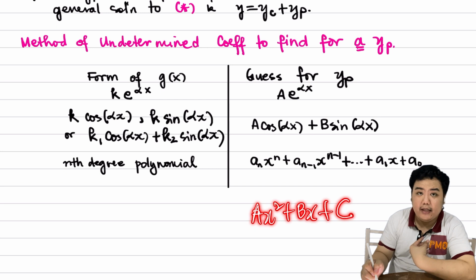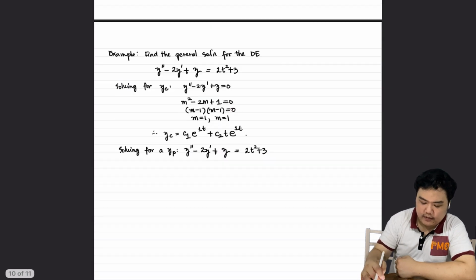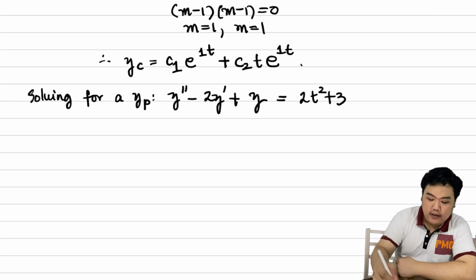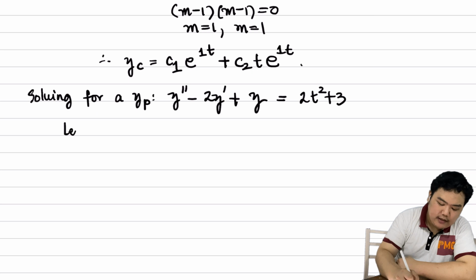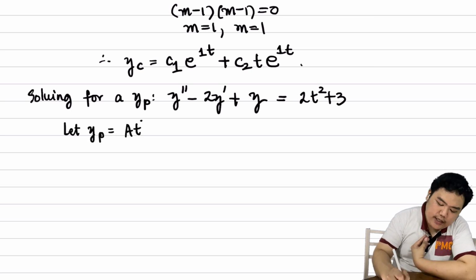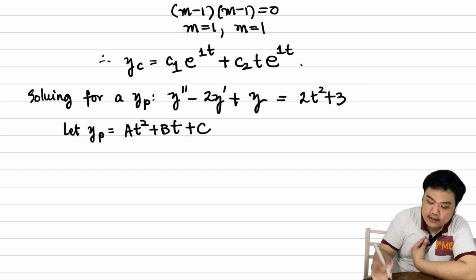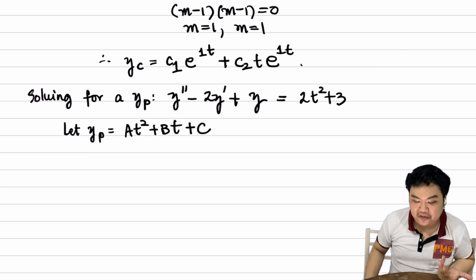But nun sa example natin na pangatlo, instead of x, we use t. So going back, let y sub p equal to at square plus bt plus c.